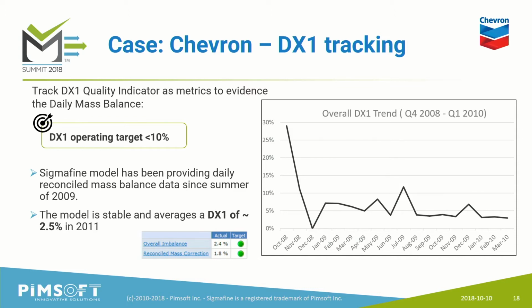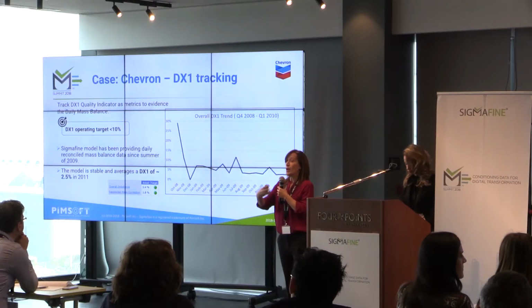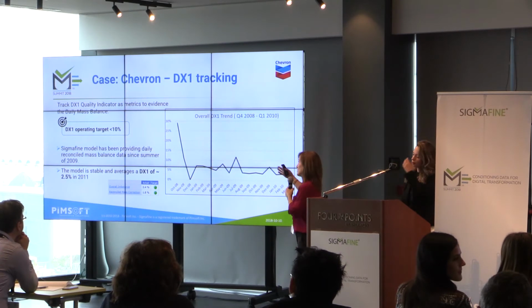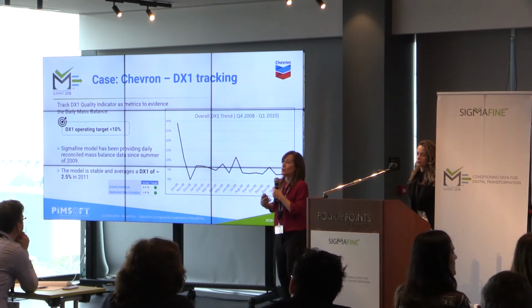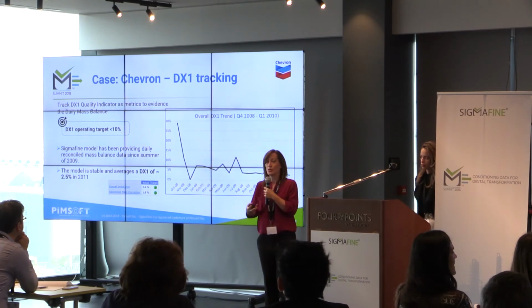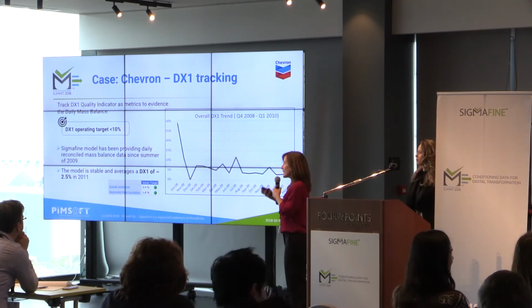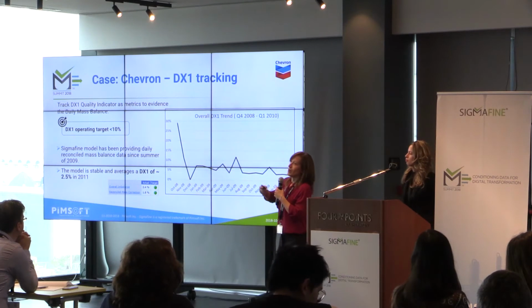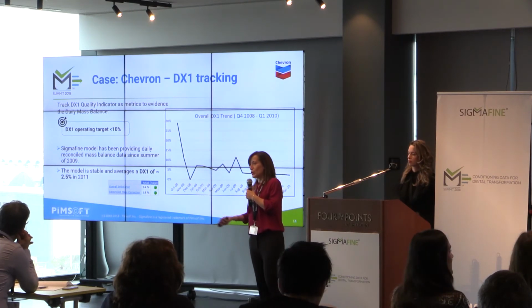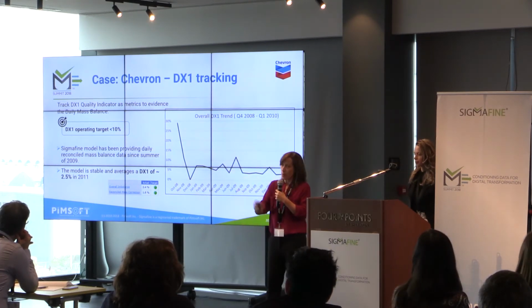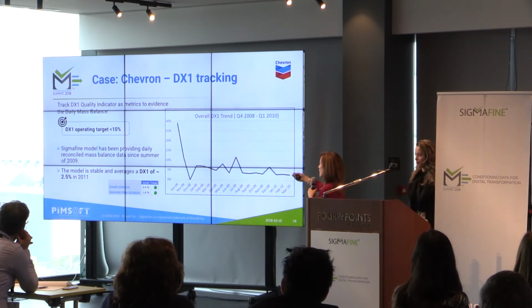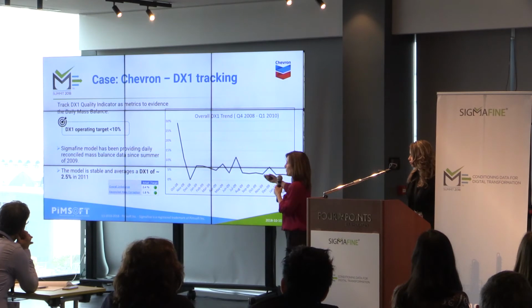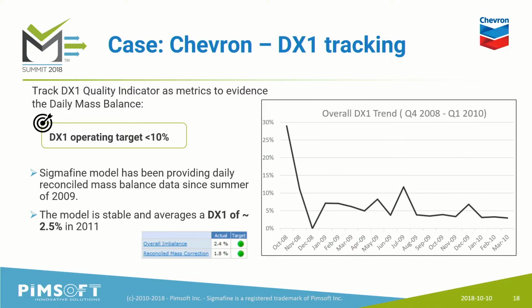As you also saw from Orpik's presentation, it's a journey. You start from something that for sure you still need to validate, that indicates how good your data are, and by taking action on data, improving the way in which you log your transfers, putting in more measurements, calibrating your meters, you can improve the final value of this DX.